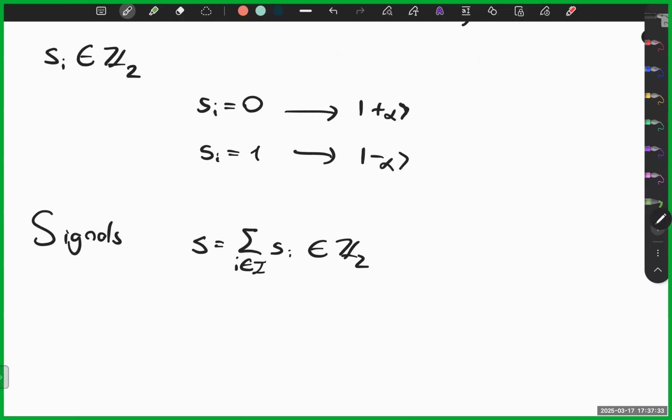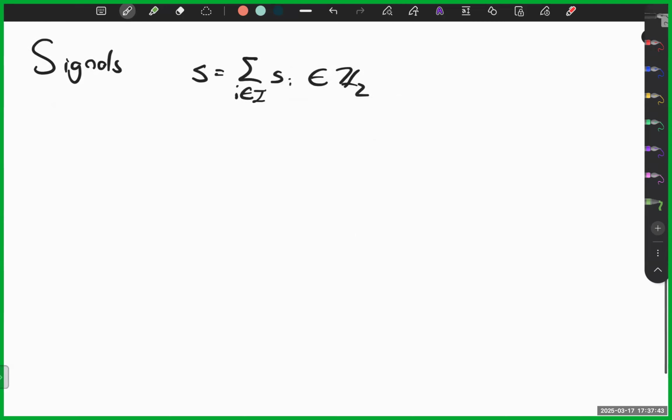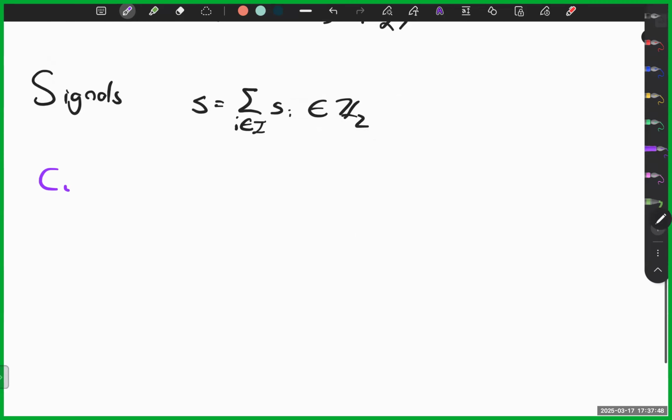We use those because some commands may depend on more than one measurement outcome. And the last one is the corrections. They are just Pauli gates, the X and Z parts, and their combinations, so you also have the Y part. Those are the Pauli X and Pauli Z gates on the ith qubit.